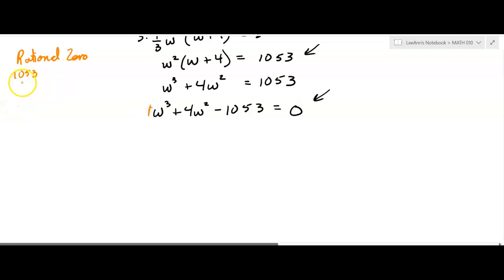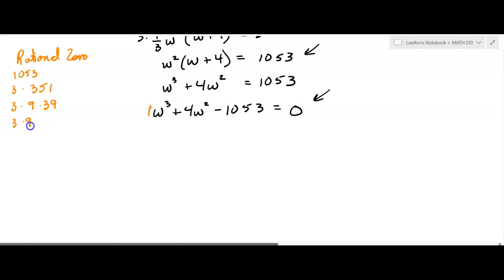Okay, so over 1. I know 3 goes into 1053 because that's how I got it, 3 times 351. If I add up the digits of 351, it's 9, so I know 9 goes into it. Let's see, how many times does 9 go in? 39. So I'm getting there.